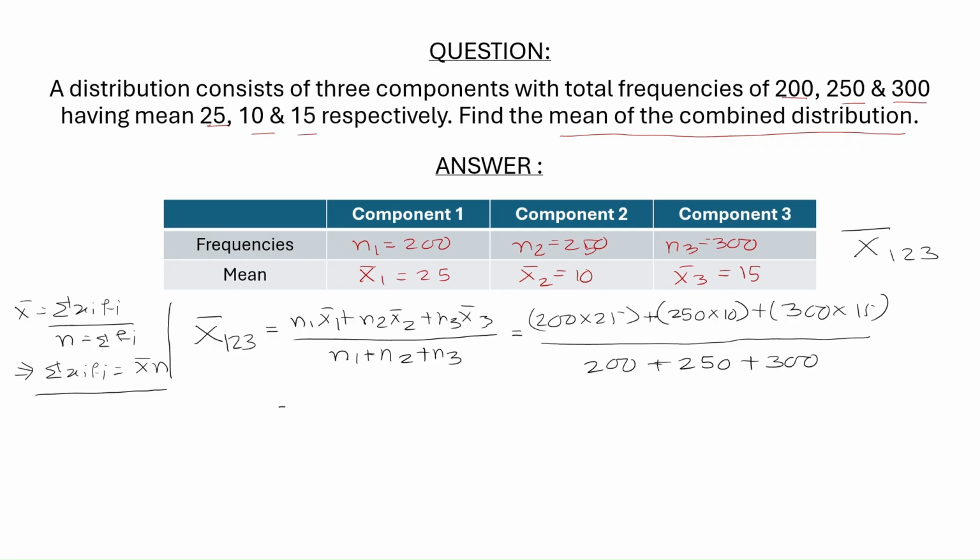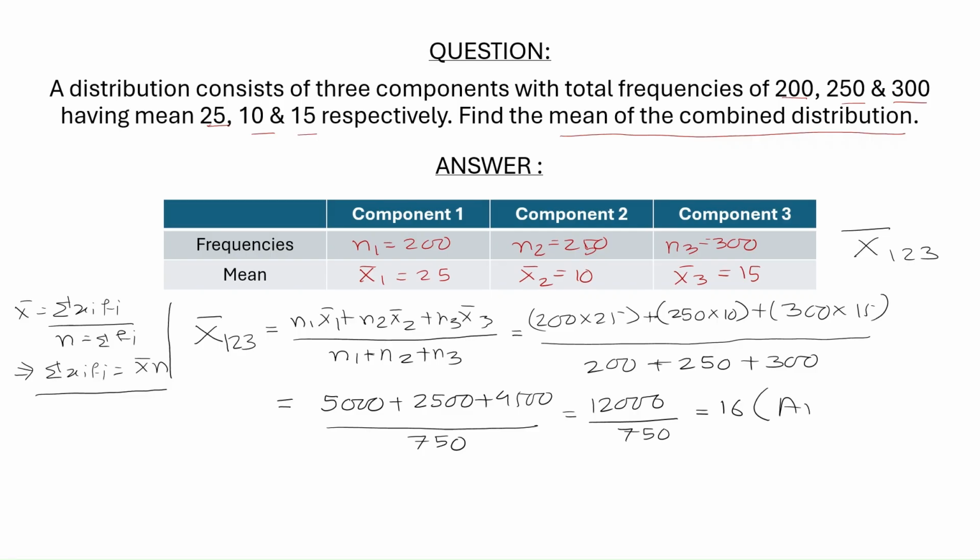This is equal to 5000 plus 2500 plus 4500, divided by 750, which is equal to 12,000 by 750, which is equal to 16. So this is our combined mean and this is our answer.